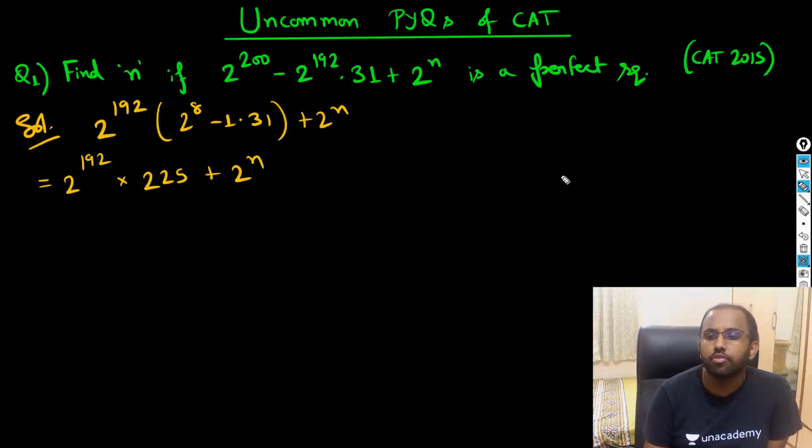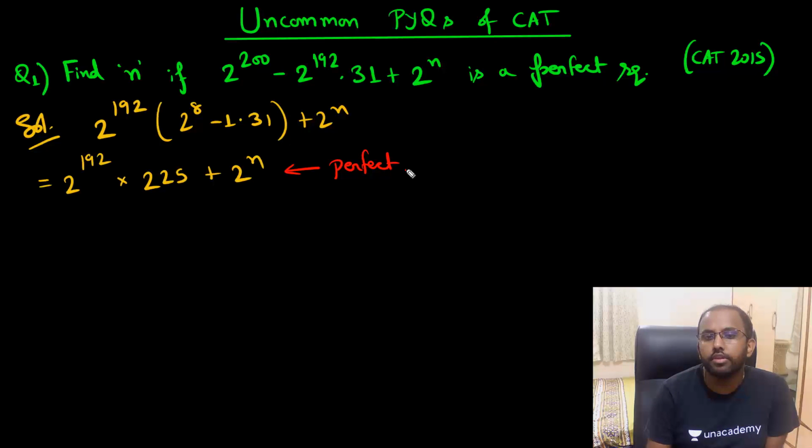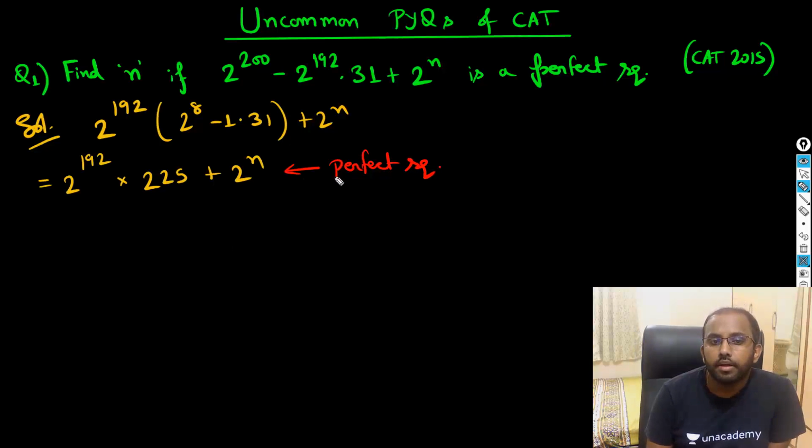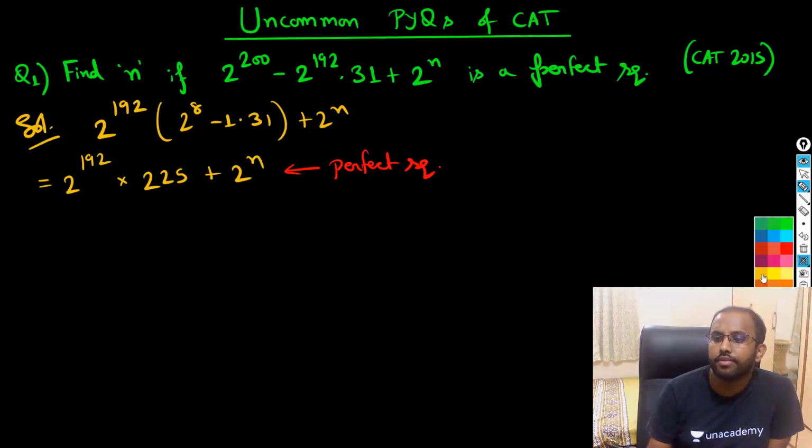Now obviously for this whole to become a perfect square, you want this term to become a perfect square. For this, I should factorize these terms by taking something common. Let's say I take 2 raised to 192 as common.